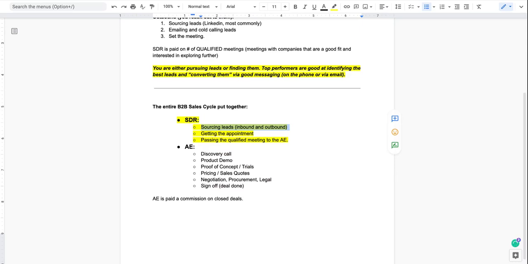But at some point, you find the lead, they come to you, or you go to them, and that lead enters into the sales cycle because they're interested, right? You get the meeting with them, you get some sort of appointment, and you start the conversation.